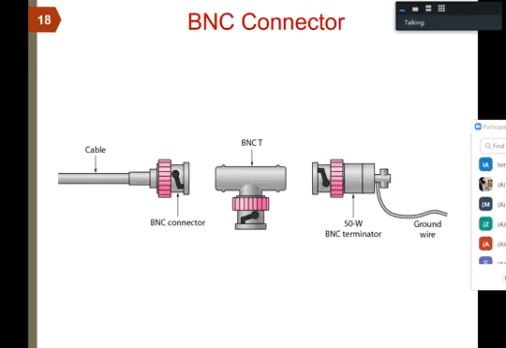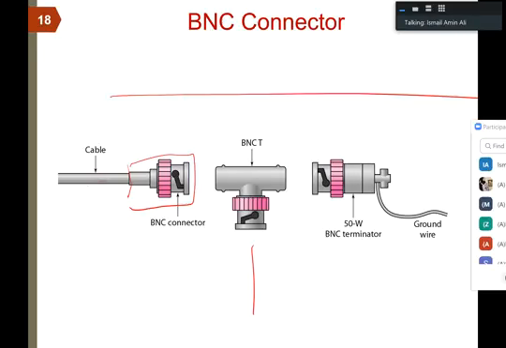Okay, here. So this is the BNC connector. This is the cable. When you terminate, you connect it to a BNC connector. If you have a new device you want to introduce, you need to cut the cable. For example, this is a cable TV. It runs through the city. If a new subscriber is to be added, you cut the cable here and add this BNC connector, okay?